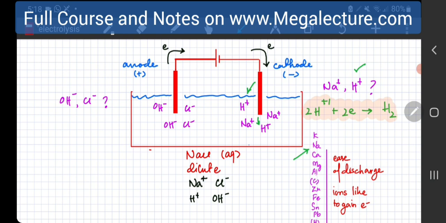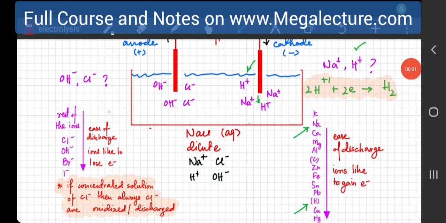Now, coming back to the other side. Who's the one who's going to lose electrons, whether it's going to be OH- or Cl-? So again, I have to look at the discharge series at the anode. Here's my discharge series at the anode, which is the same one. So I've got a competition between OH- and Cl- ions.